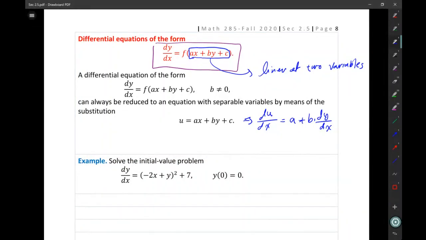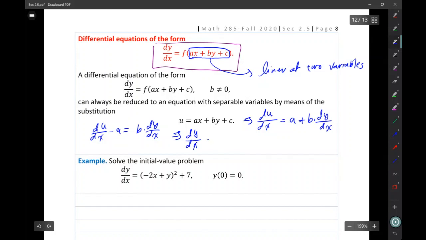Now take a to the other side, it becomes du by dx minus a is equal b times dy by dx. Divide by b, it becomes dy by dx is equal 1 by b times du by dx minus a.